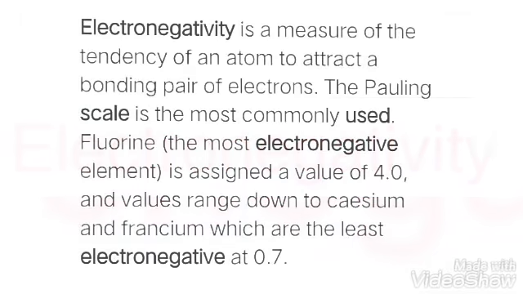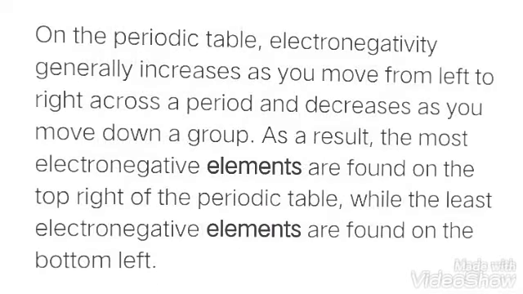Next property is electronegativity. It is the tendency of an atom to attract the shared pair of electrons towards itself when it is bonded in a covalent bond. Electronegativity is measured on the Pauling scale, in which fluorine is given maximum electronegativity of 4.